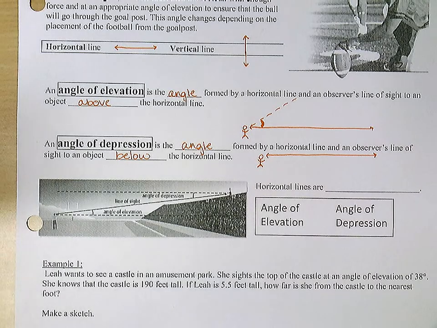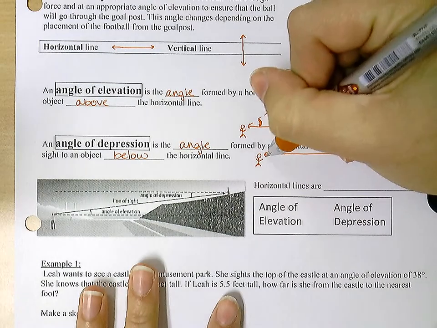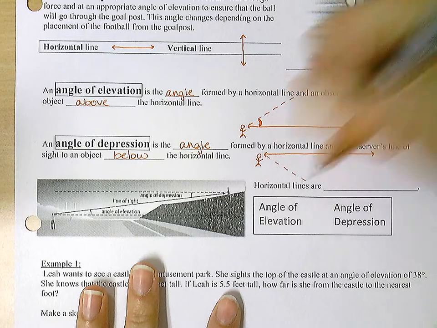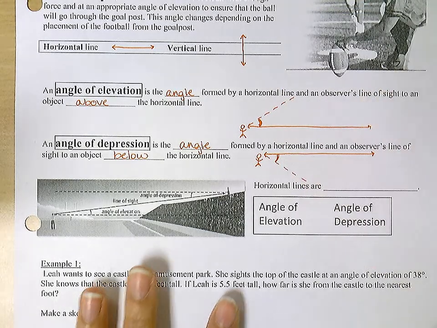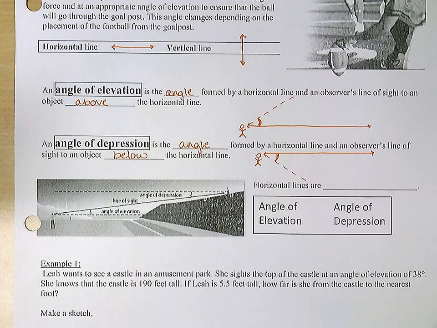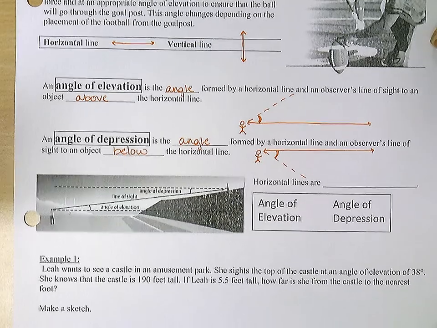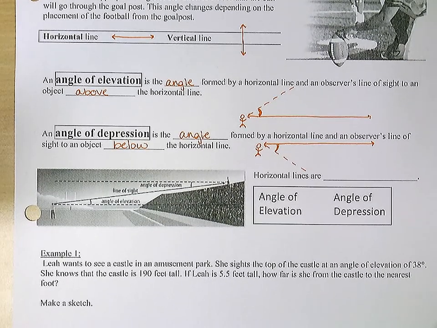If I'm looking below that, looking down at something, that angle formed right here would be your angle of depression. It's always between that horizontal and your line of sight. Horizontal to line of sight. Questions on those angles before I keep going?